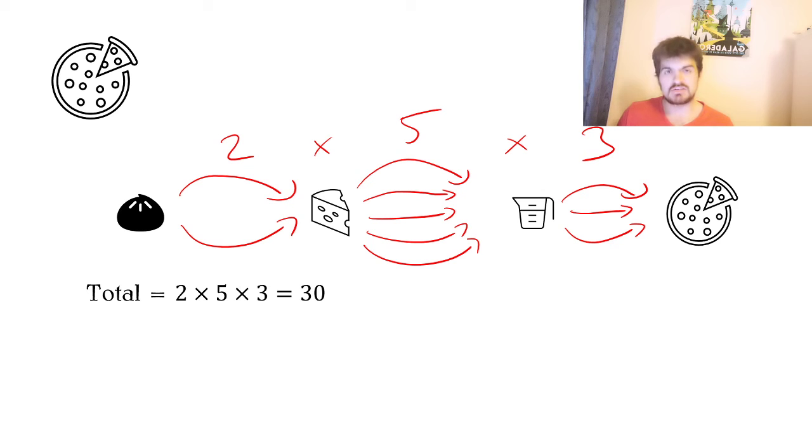And the idea here is that we have the multiplication law: if we have to make one choice in some number of ways and another choice in another number of ways, and they are totally independent of each other, then the total number of choices we can make in the situation is equal to the product of the number of choices we make first, and then the number of choices we make second, and then the number of choices we make after that, and so on, right?